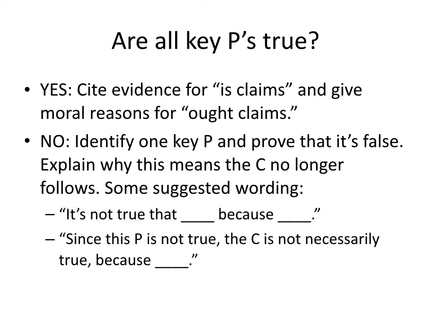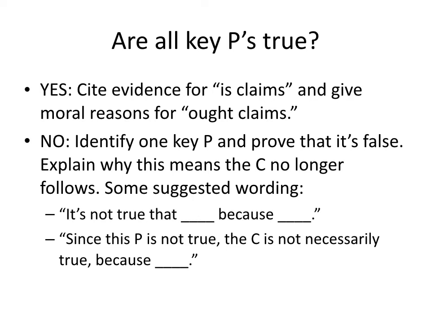If you believe that all the key premises of the argument are true, you need to either name or state each premise and give your reason why you think it should be accepted as true. If the premise makes an is claim, you need to offer some factual evidence that it's true, and please cite your source and give a web link where you found the information if at all possible.